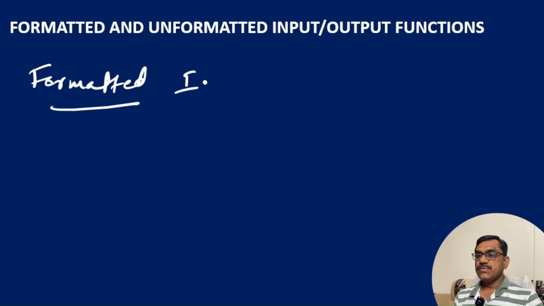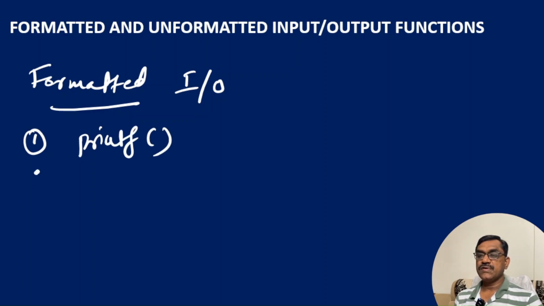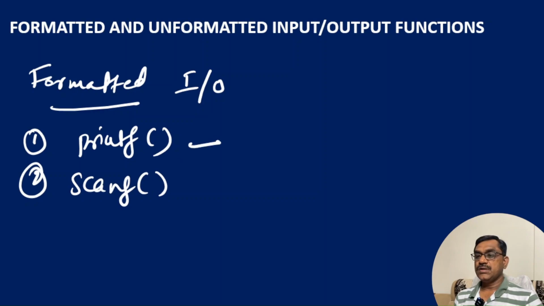When we talk about formatted input output functions, mainly we are talking about the first one, printf, and the second one, scanf. The formatted output statement is printf. This is output and this is the input statement.